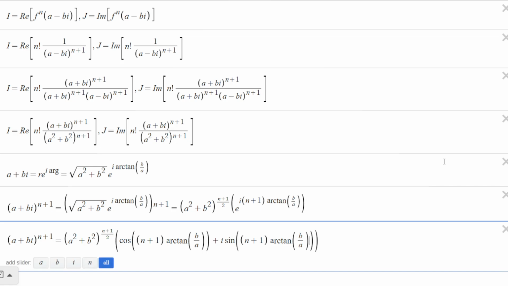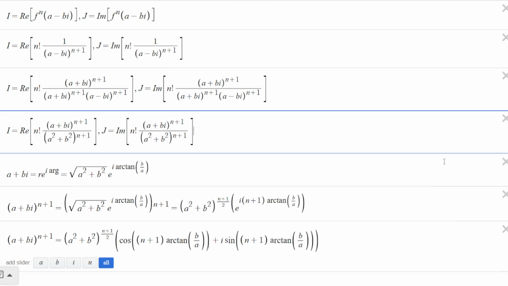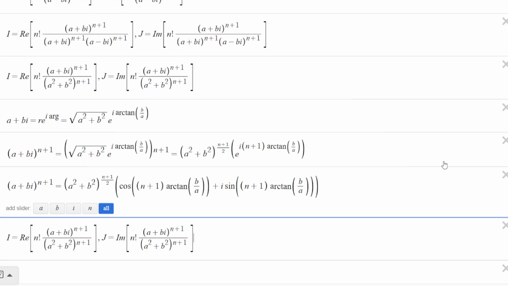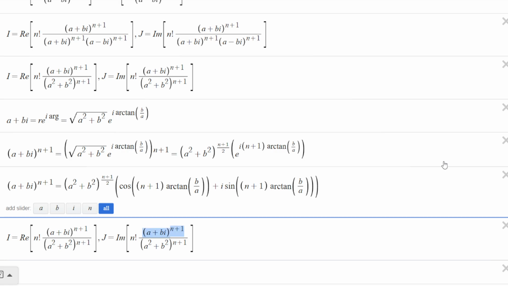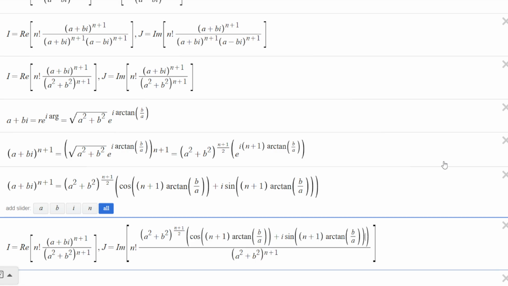And now we're done, because let's just plug this in. So I is equal to this and J is equal to this, but now we have what a plus bi to the n plus 1 is. It's this. So let's copy this and just paste it wherever we see a plus bi to the n plus 1.